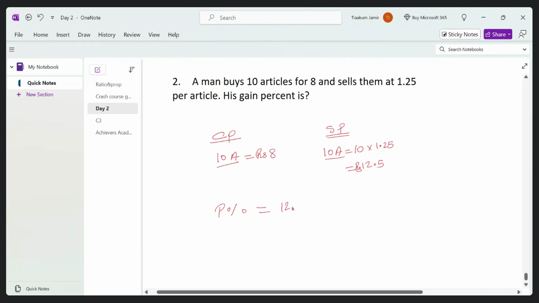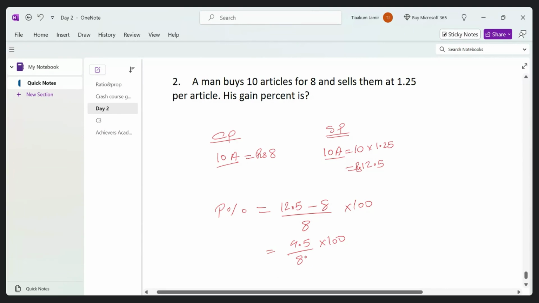So 12.5 minus 10, or 8 rupees, divided by cost price, what is it? 8 into 100 over 4.5.